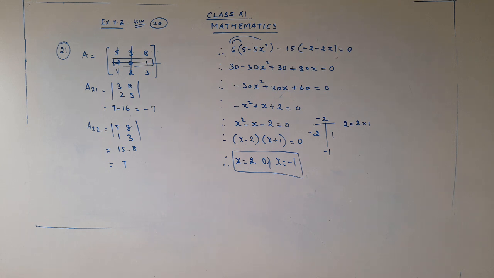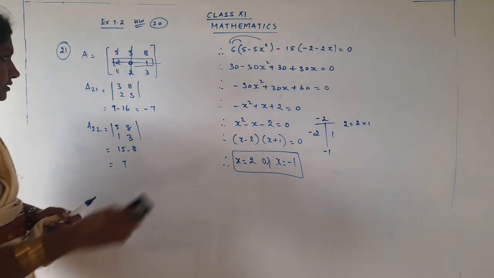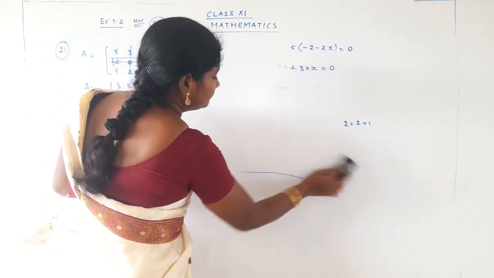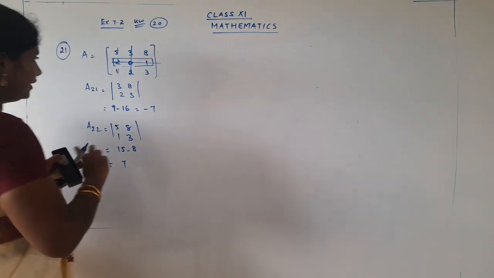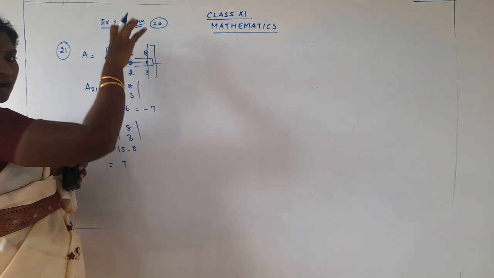Okay, now we will go for the next one. Now we are going to find out A23. That is the second row, third column element. A23 means second row and third column should be avoided.